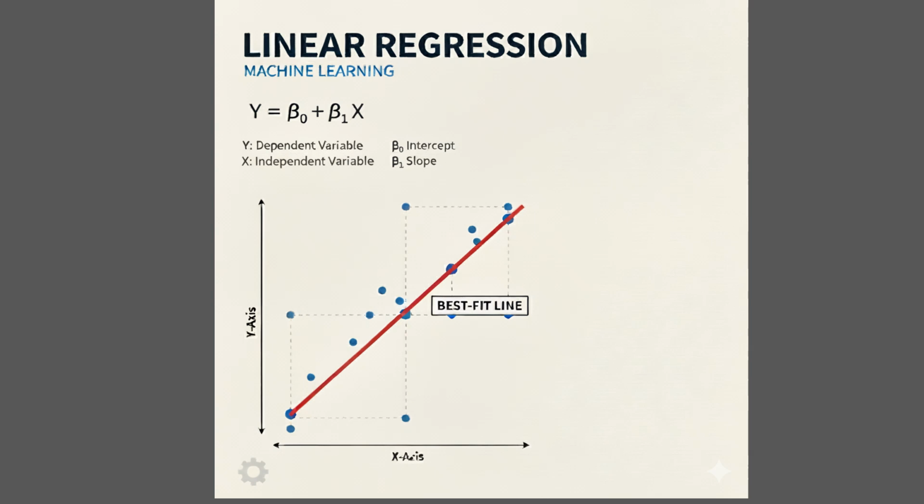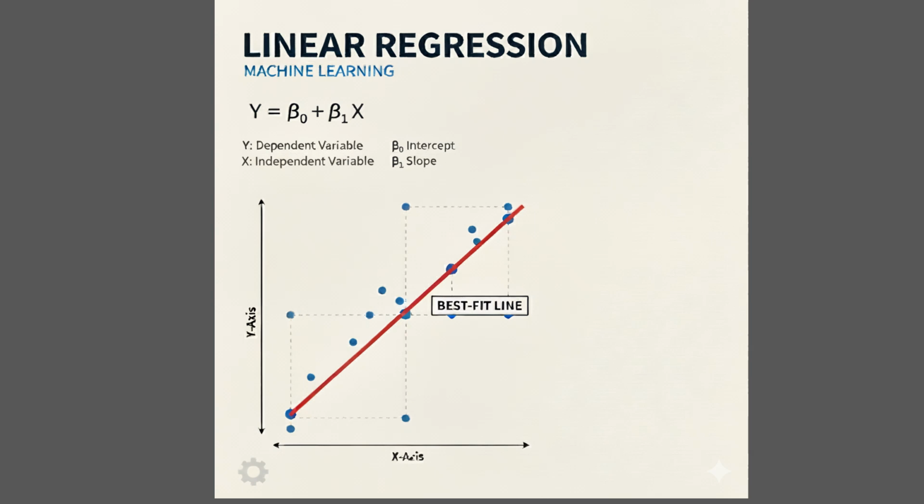This formula you see here sounds familiar from school days. It's basically the equation of a straight line. Here you can see beta 1 is the slope. It tells you how much y changes for every unit change in x.